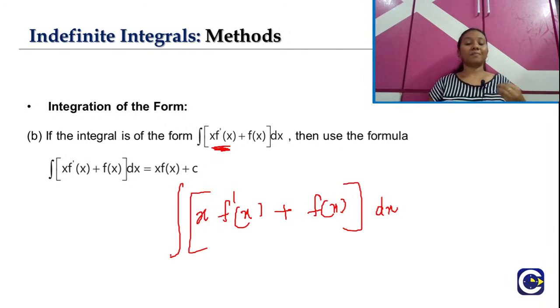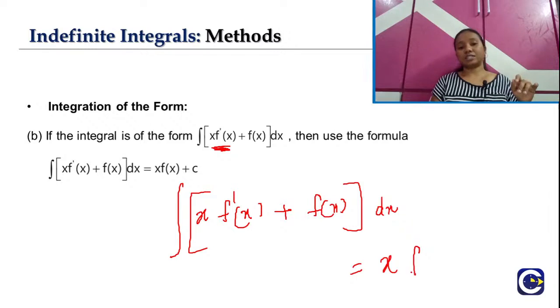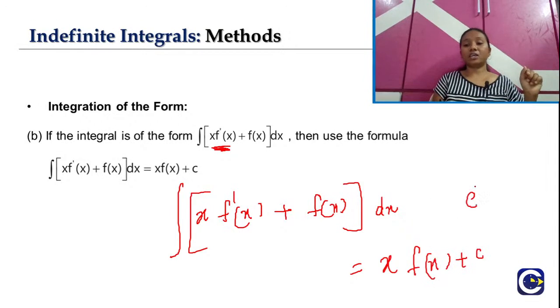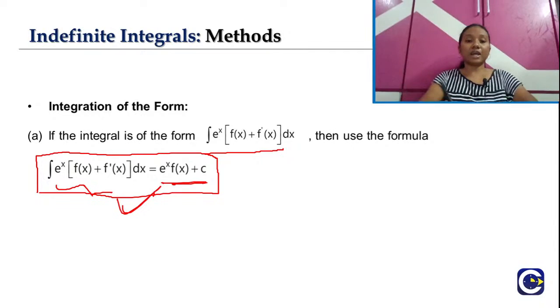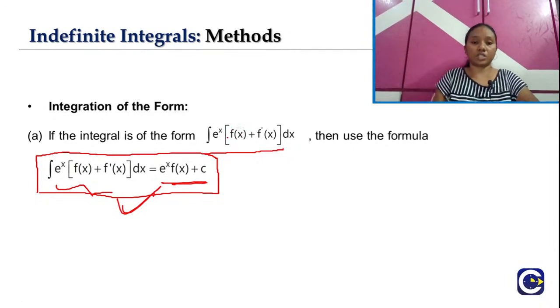Yes or no? But instead of that, we can use our derived result, that is nothing but if an integral is of this form, it will be directly equal to x into f of x. If it's e power x, then it will be e power x f of x in our previous form, for the whole of the function.